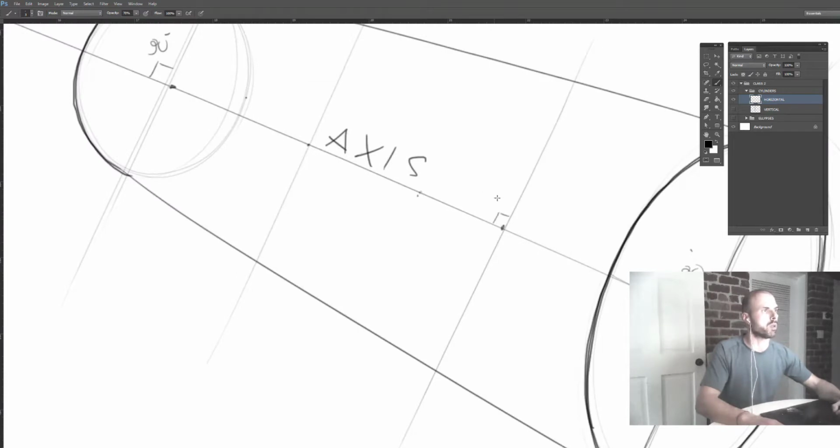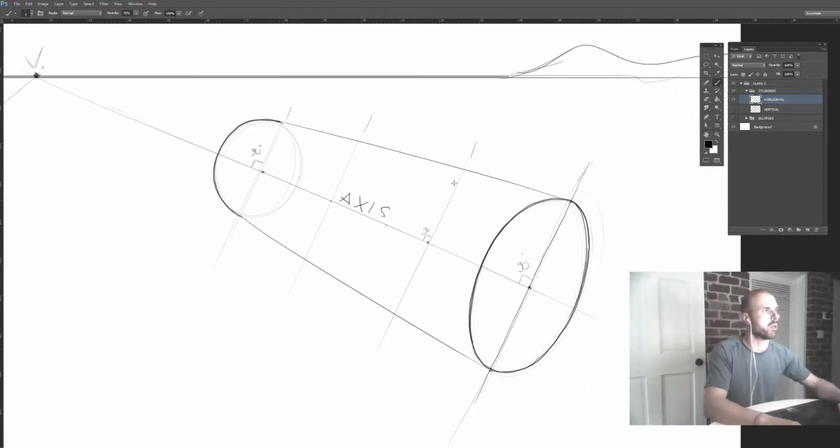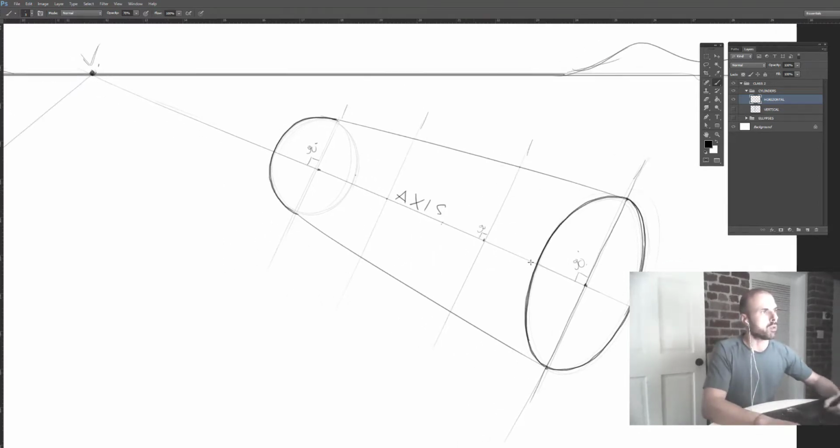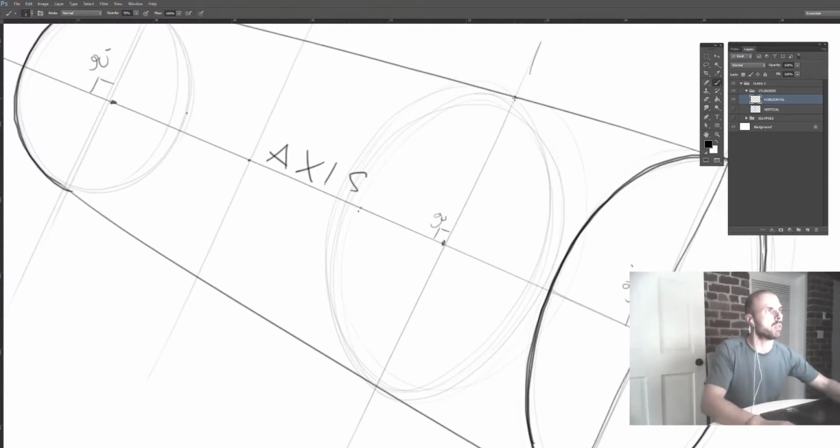Again, this is a real 90-degree angle, which means that these lines are all parallel. Now I'm going to sketch an ellipse between these two lines. This ellipse is going to be smaller and a little wider compared to the first one that I did. Just going to identify my section like this.